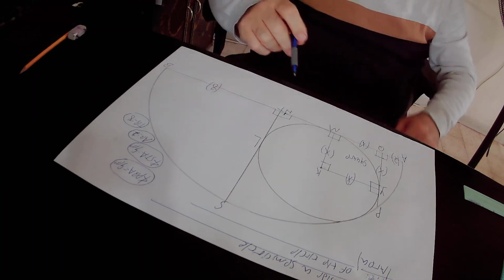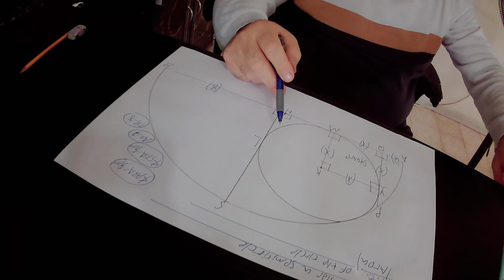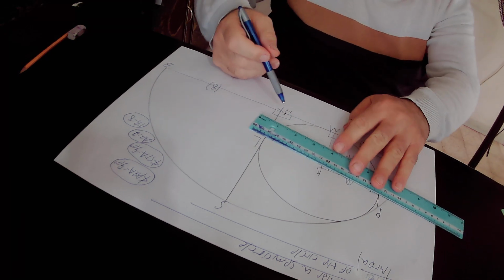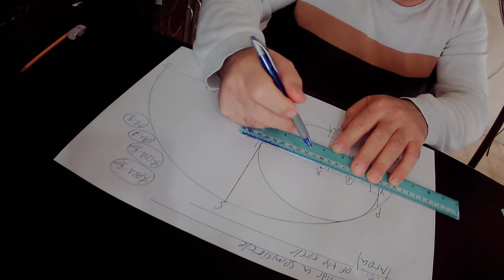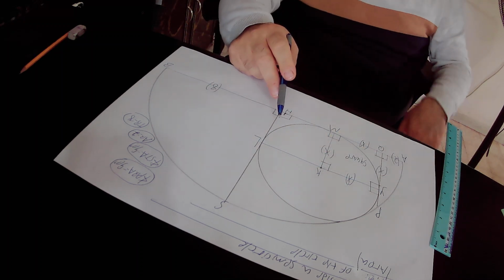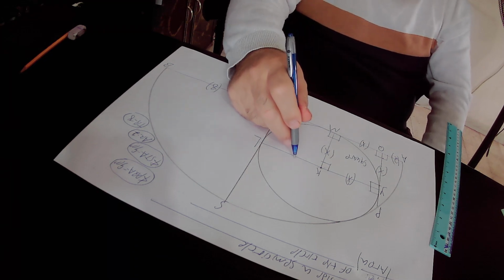In the next step, we'll join points K and L together by a straight line. KL is of course the radius of this small circle, equal to x according to our definition.